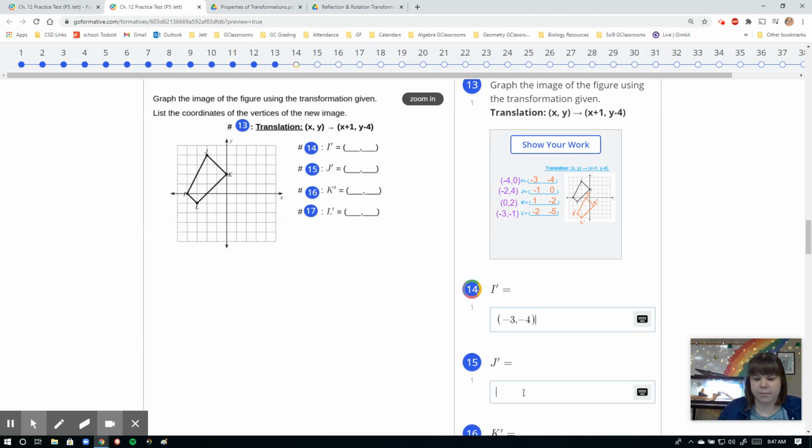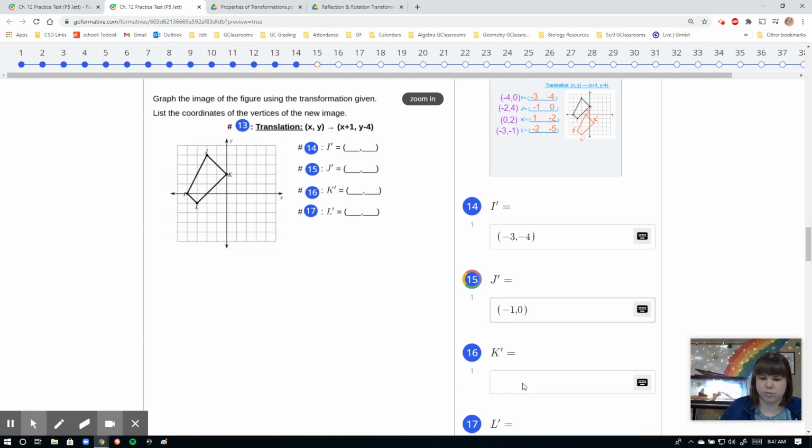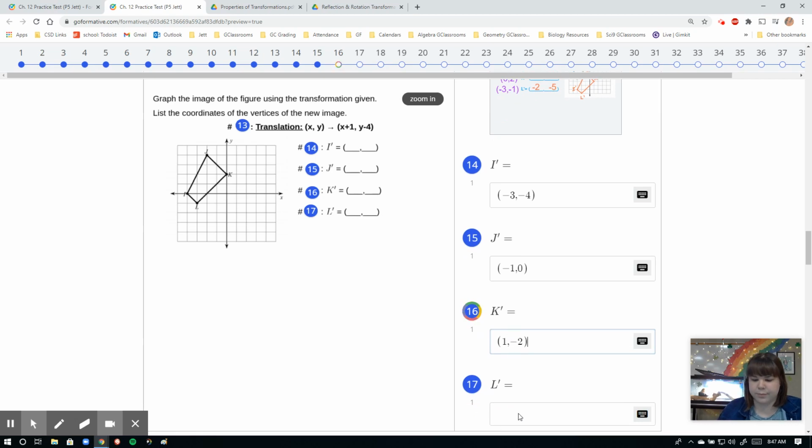For J prime, we've got -1, 0. For K prime, we have 1, -2. And then we also have -2, -5. All right, that's it for this problem. Let's go to the next one.